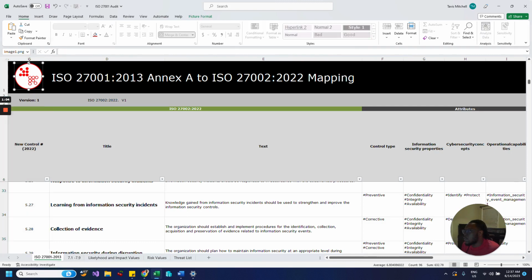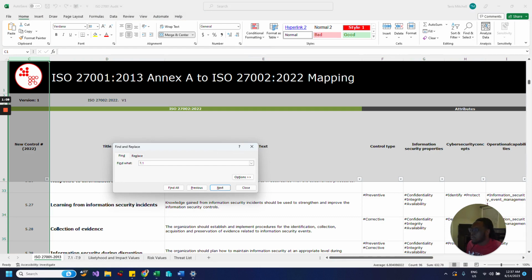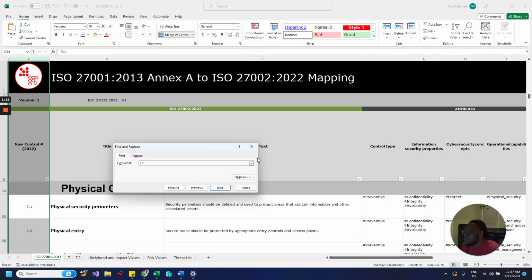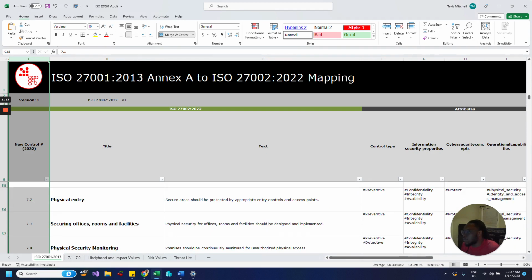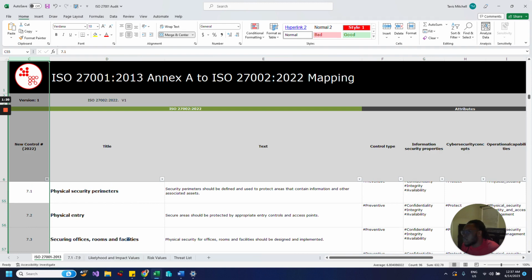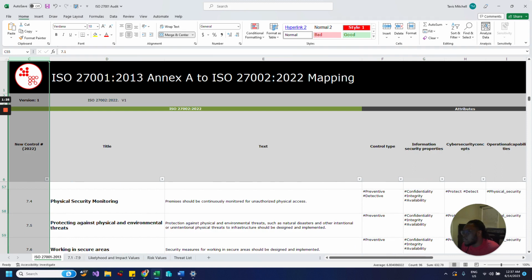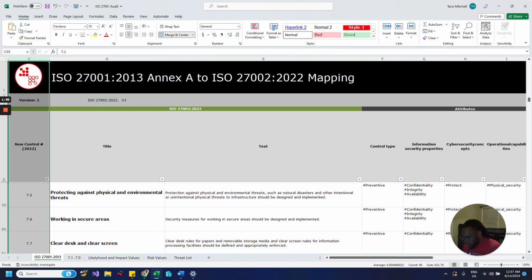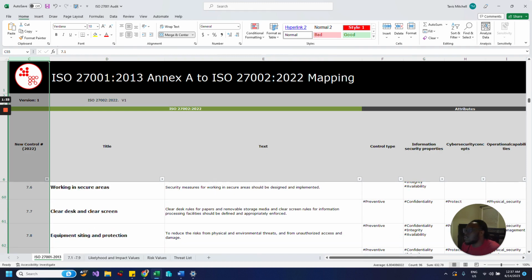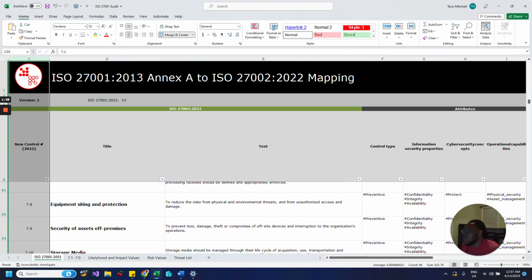If I go right here and click search, Control F, 7.1, you can see these are all physical controls: physical security perimeters, physical entry, securing offices, rooms, and facilities, physical security monitoring, protecting against physical and environmental threats, working in secure areas, clear desk and clear screen, equipment siting and protection, security of assets off premises.